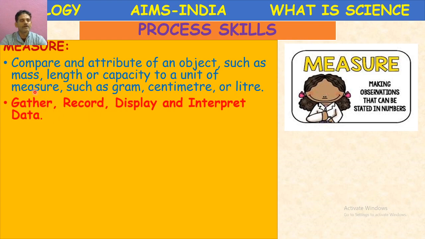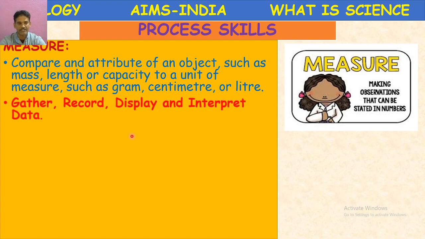Next, in measuring: gather, record, display, and interpret data. These are the steps. First gather, then record, then display and interpret data. Interpreting means you have to match the data you have collected and see how they are correlated to each other.